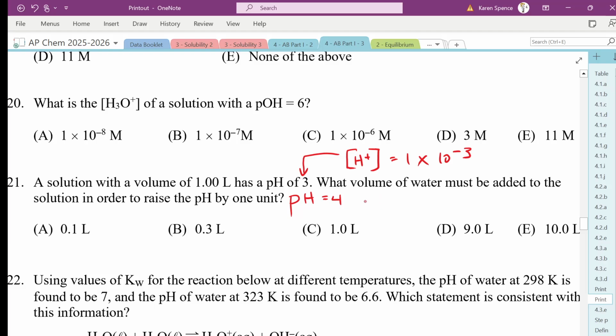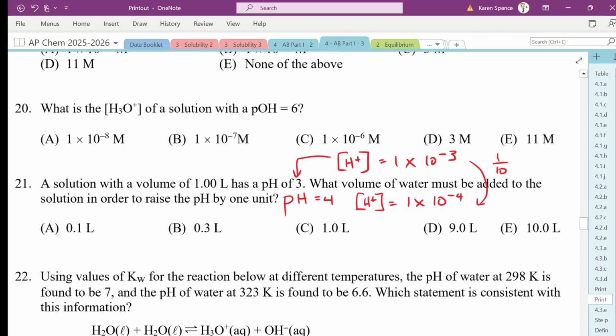That would correlate with a hydrogen ion concentration of 1 times 10 to the negative 4. So we are decreasing this by a power of 10. Yes? So we're making it 1/10 of what it once was. Yes?